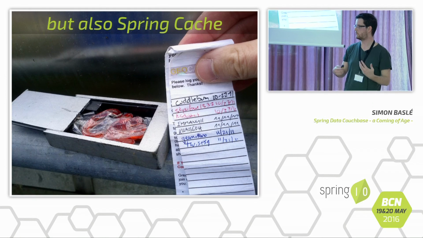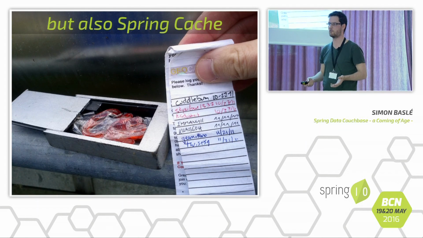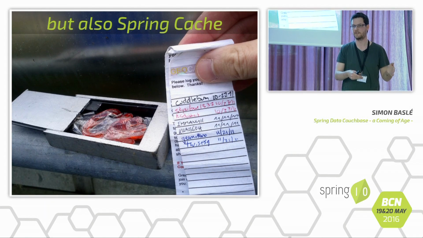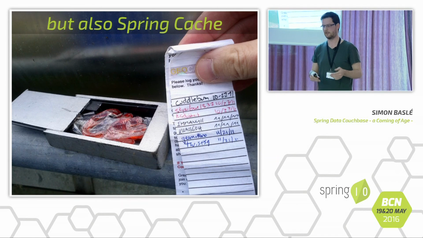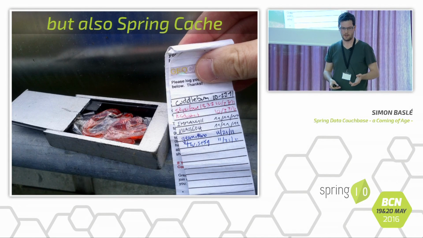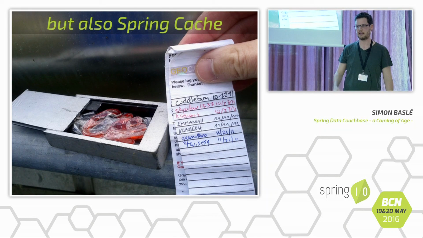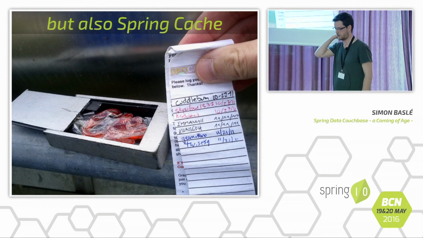So in Spring Boot, once again, it will reuse the same bucket, the same client that Spring Boot declared for you. And it will allow you to select the Couchbase implementation for caching.